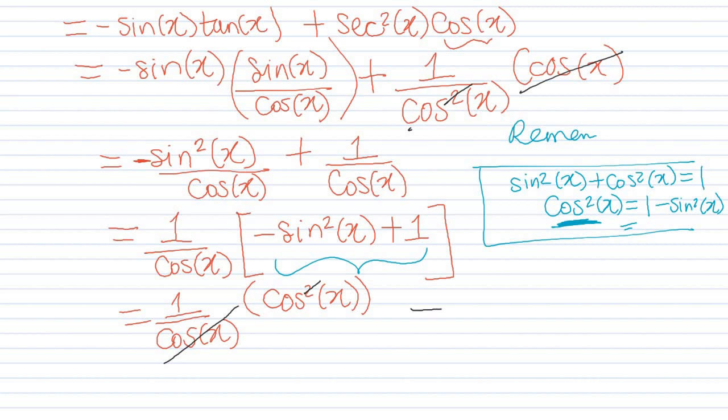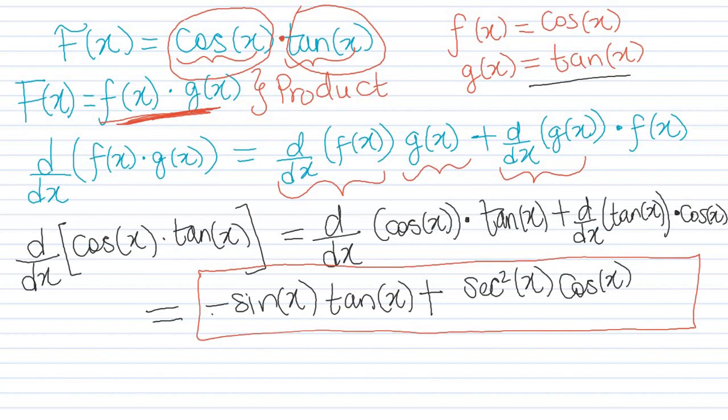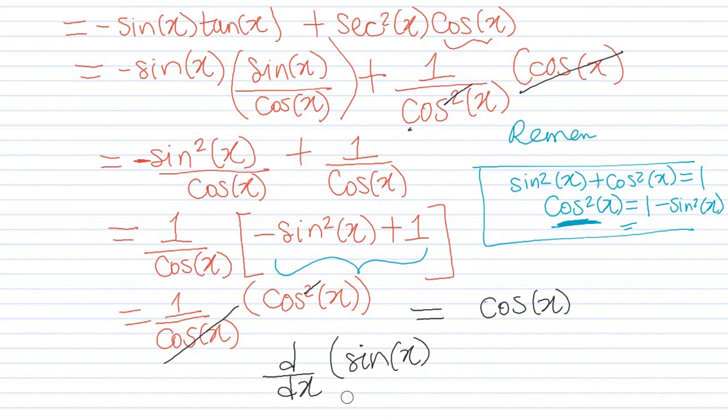So the next thing we can have is basically cosine x. So therefore, the derivative of sine x, right, multiplied by the derivative of cosine x multiplied by tan x is cosine x.